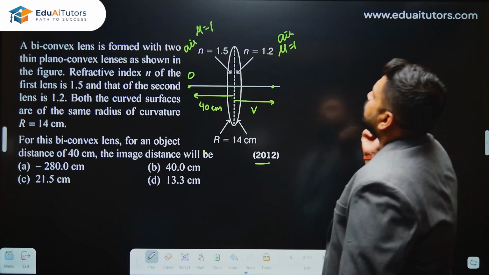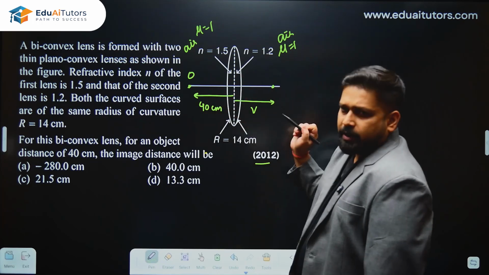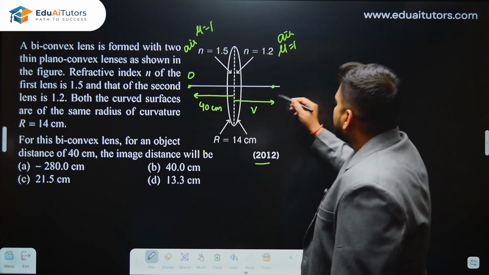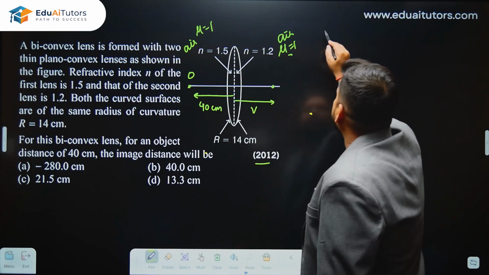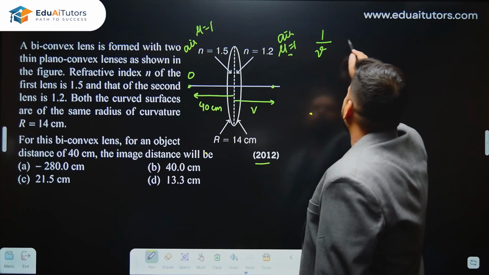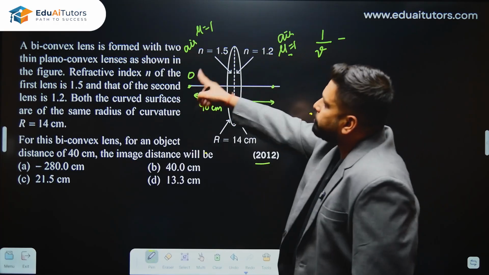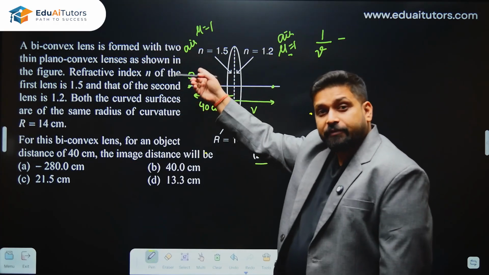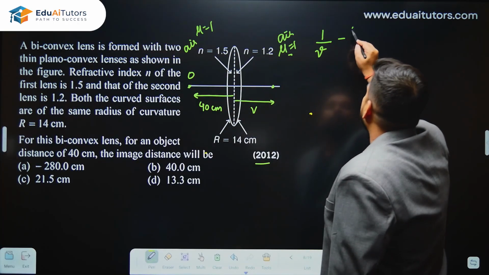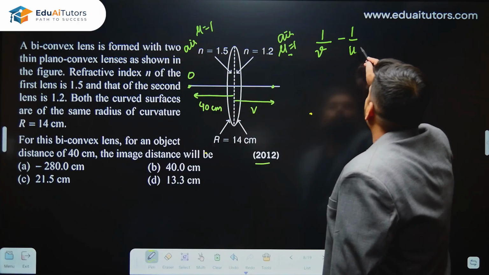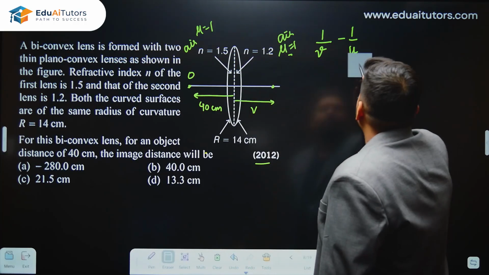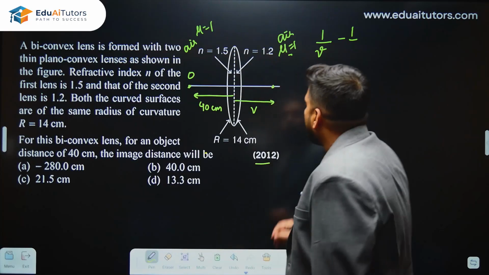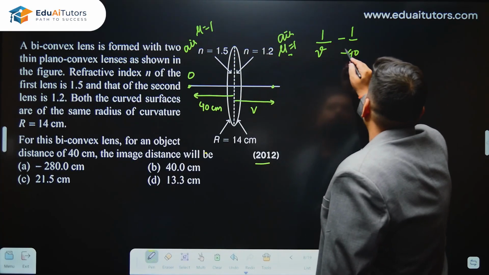Now let's solve this. If the light ray starts from here, the image is formed on this side, in air. So I'll write 1 by V minus, the object is also located in the medium with refractive index 1, so divided by minus 1 by U. U is given to us as 40, and with the sign convention, I can write it as minus 40.